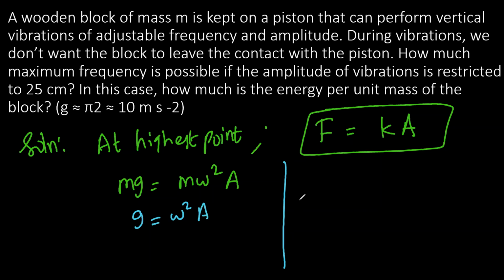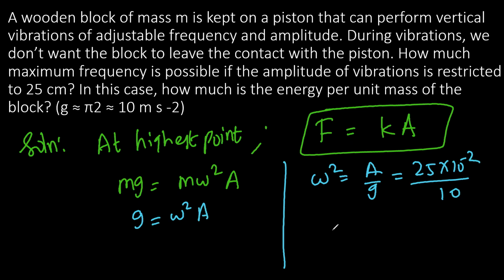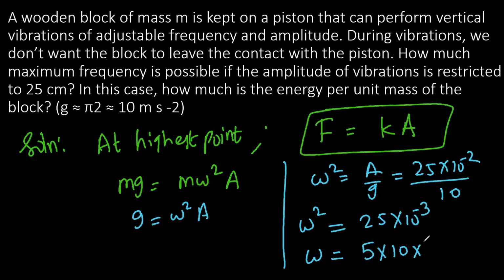We need to find the frequency, no? So what is omega square? That is A by g, and A is 25 into 10 raised to minus 2, and g is 10. So omega square is 25 into 10 raised to minus 3. If you take the square root, the answer is 5 into 10 into square root of 10.